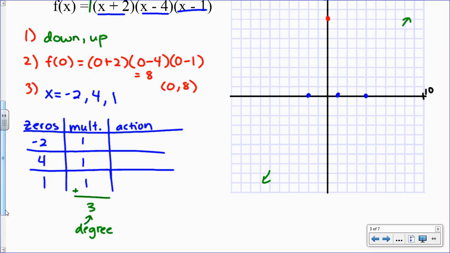So for their action at those zeros, what's that going to be for all 3 of these? Yeah, just straight through. So I mean the same thing there. Straight through, straight through.